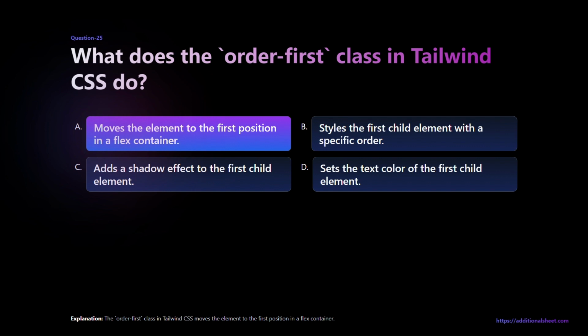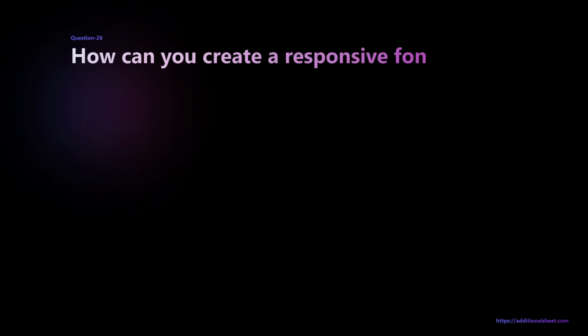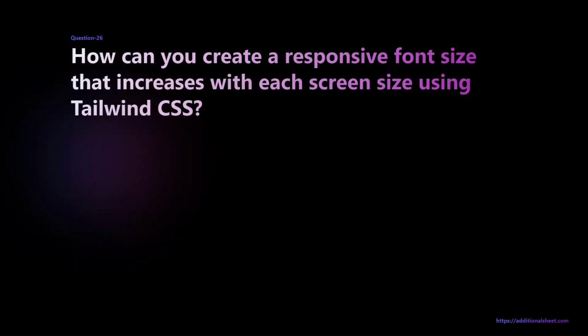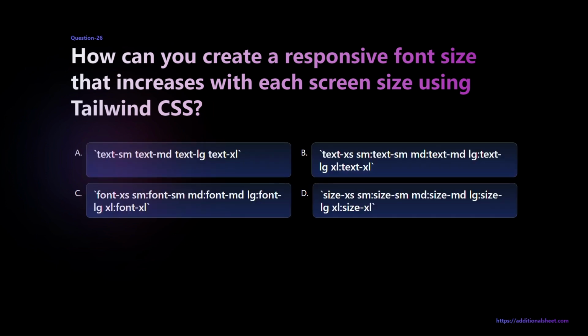How can you create a responsive font size that increases with each screen size using Tailwind CSS? Option A, text SM text MD text LG text XL. Option B, text XS SM text SM MD text MD LG text LG XL text XL. Option C, font XS SM font SM MD font MD LG font LG XL font XL.